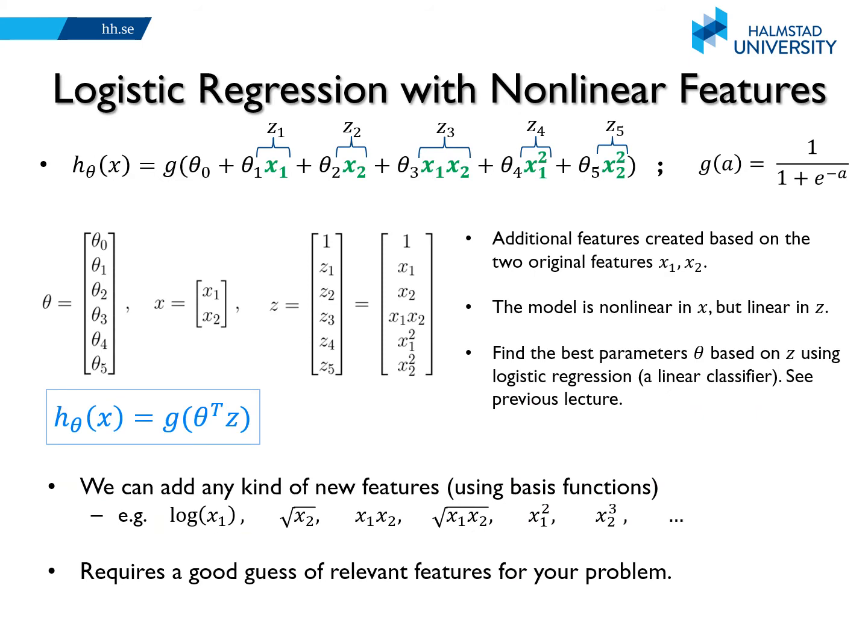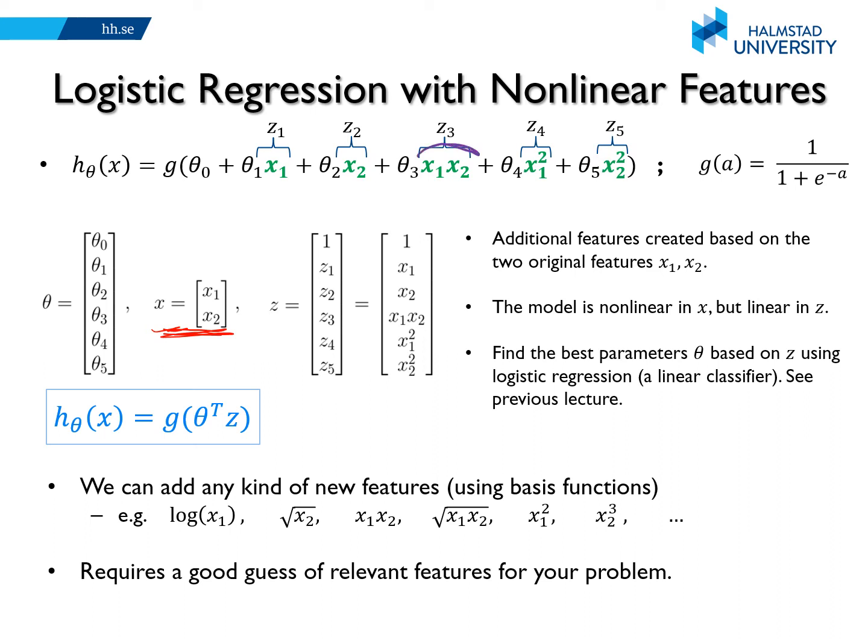This is illustrated here. A data point in the original space is described by two features, x1 and x2. Previously we had g of theta 0 plus theta 1 x1 plus theta 2 x2, and that's it. But now we added more features like x1 times x2, x1 squared, x2 squared.